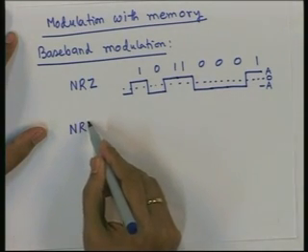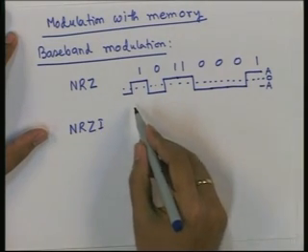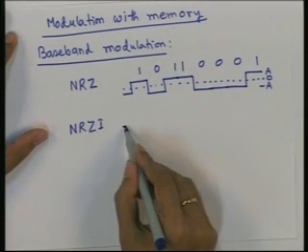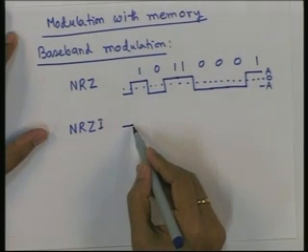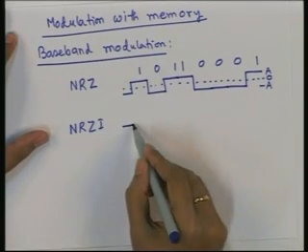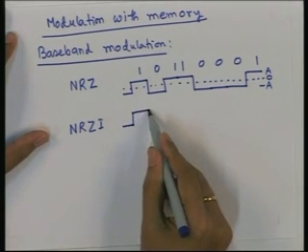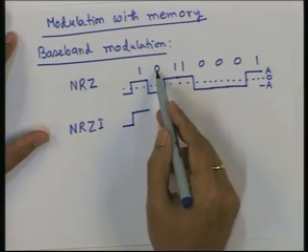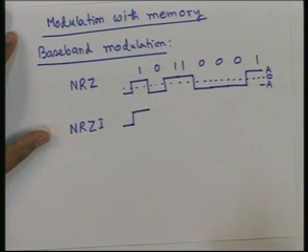So, this is not a modulation with memory, but the following scheme is a modulation with memory. This is called NRZI. Here the voltage level is changed from the previous level if a 1 is to be transmitted. For example, here initially we transmit minus A voltage, then a 1 is to be transmitted, so we change the voltage to plus A. Then 0 is to be transmitted, so we do not change the voltage. Whether the voltage level will be changed to the other level or not depends on what we want to transmit.